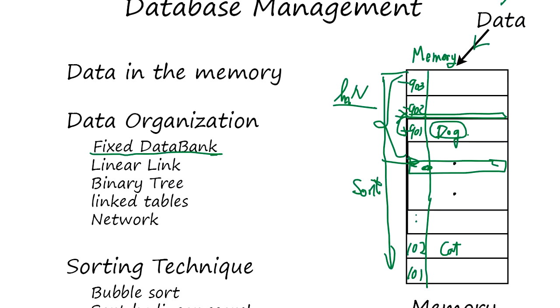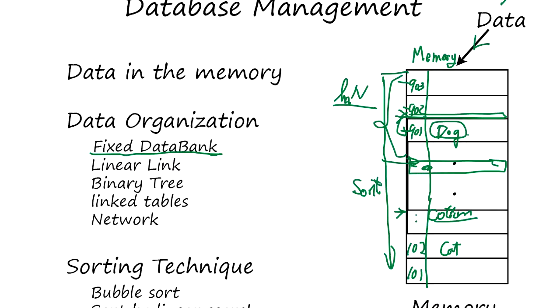It's no problem. But when the data has to be changed, for example, I have to insert cotton between C and D, you have to move the entire data, shift by one, and put cotton in the middle.